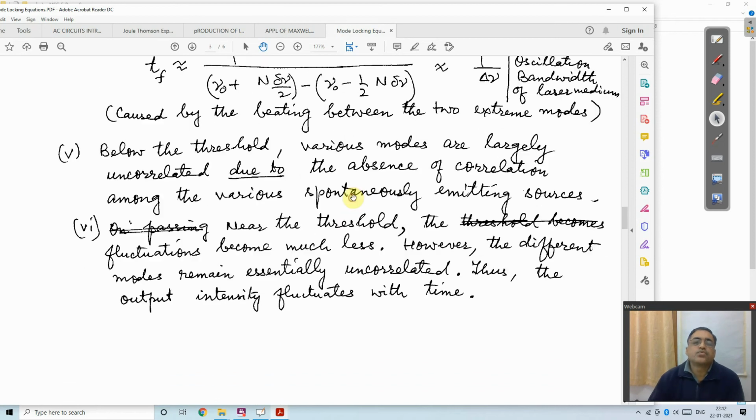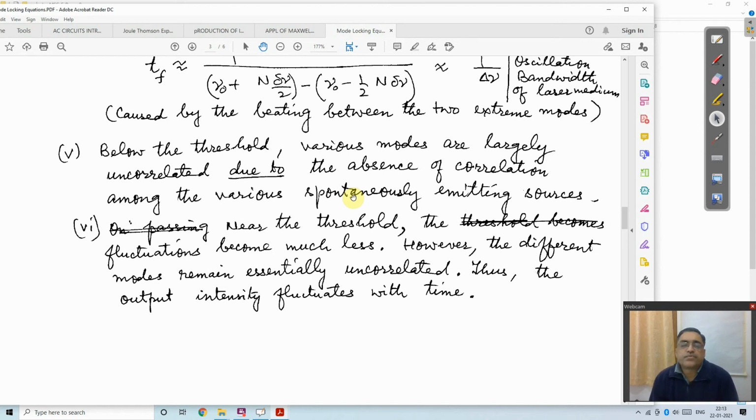Below the threshold, various modes are largely uncorrelated due to the absence of correlation among the various spontaneously emitted sources. And near the threshold, the fluctuations become much less.